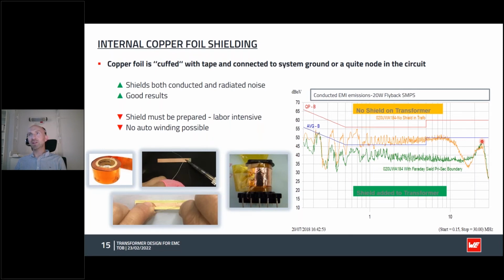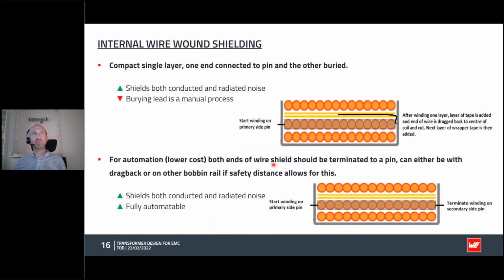Maybe this resonance is affected, so it's actually gone up a little bit at the end there. But often this area can be quite troublesome to pass, and it does a very good job for this lower conducted emissions region.